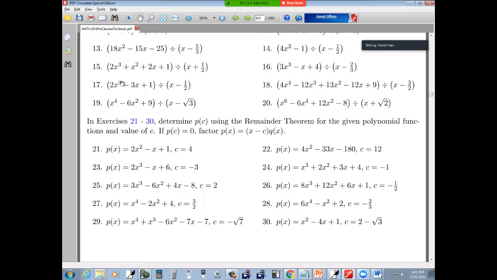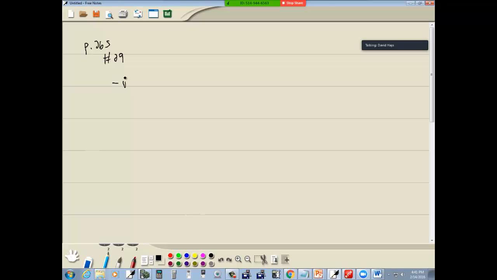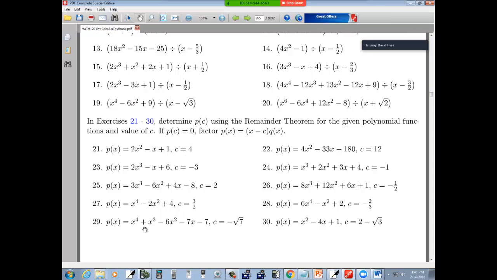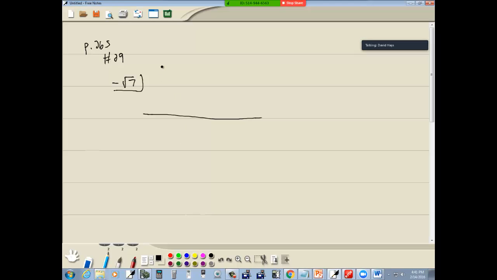So they tell us negative square root of 7. And then your largest power was x to the fourth. So you're going to have a place for x to the fourth, x to the third, x squared, x, and no x, your constant term.